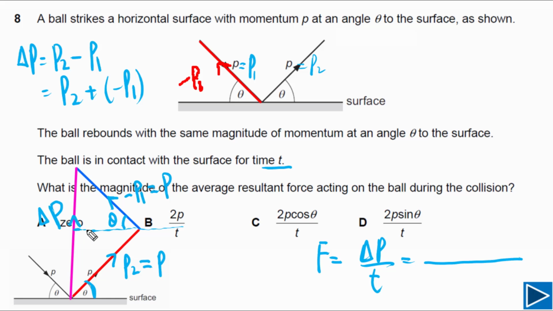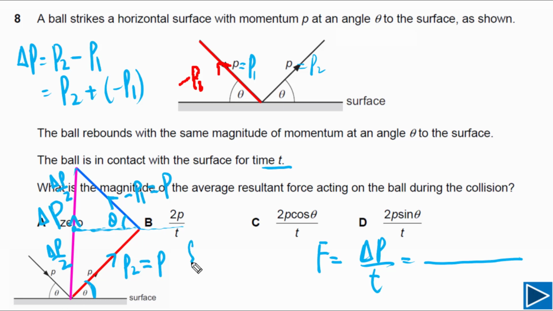Now we can divide this triangle into two parts. So this side, this half from here to here, will be equal to delta P by 2. And this half will also be equal to delta P by 2.